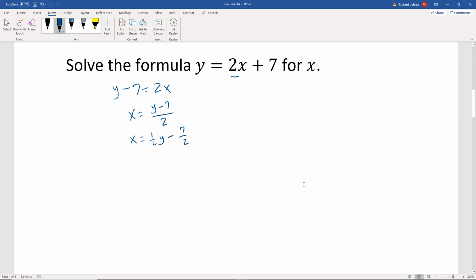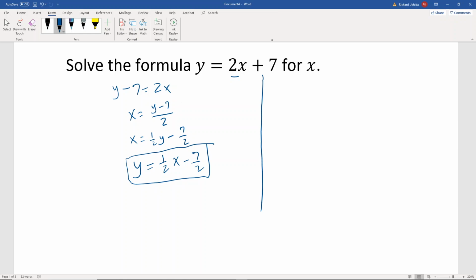Let's say for that first one, when we solve for x, what you would do next, for the steps that you'll see in the college algebra class, when you're finding the inverse of this function, y equals 2x plus 7, this linear function, is you'll solve that formula for x, switch the x's and y's, so instead of x equals 1/2 y minus 7/2, that'll be y equals 1/2 x minus 7/2. And what it'll turn out is that'll be the inverse of that original function.